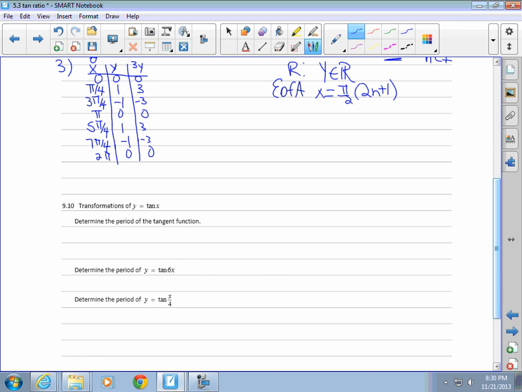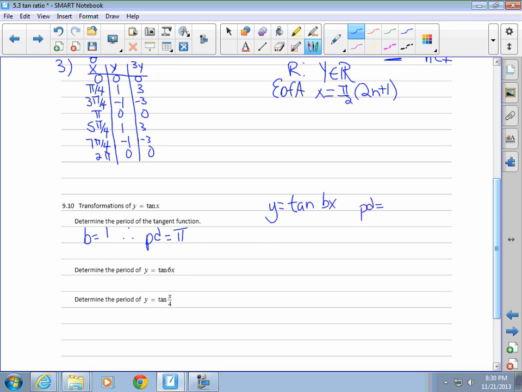Okay, so we've done the graphing for this. Now what you can do is describe the transformations that are going to happen and find the period of a function without drawing it. So if y is equal to tan x, that gives us a normal period. Our b value is equal to 1. That means that our period for a tangent is going to be pi. So the same thing as we did before with sine and cos.